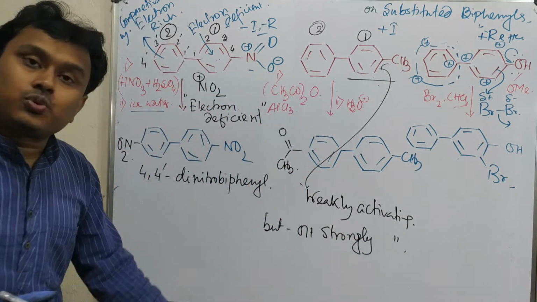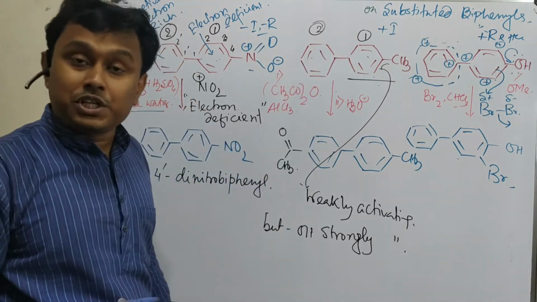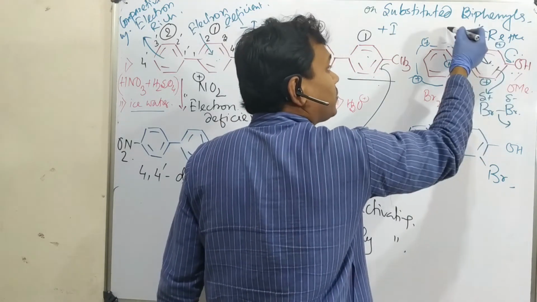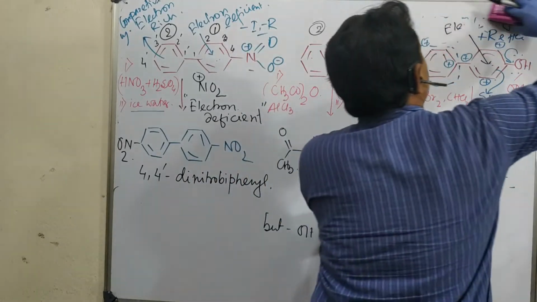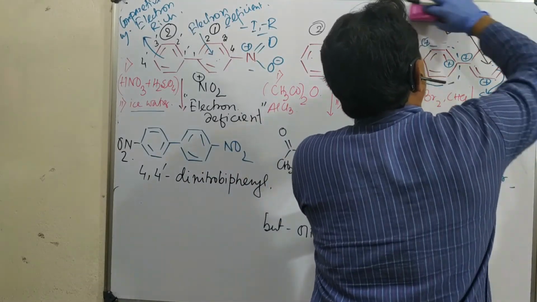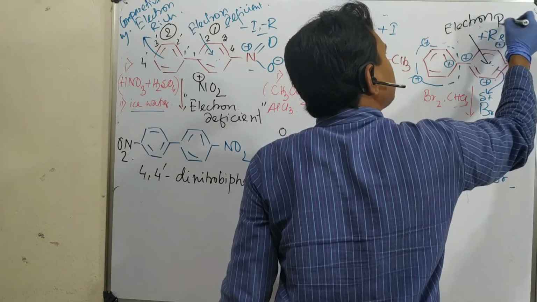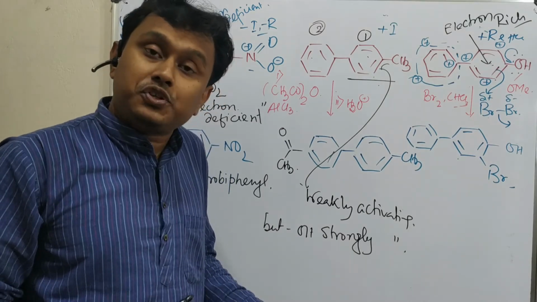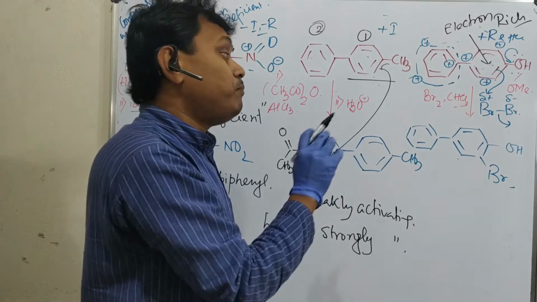Understood? Since it is weakly activating, there is a chance of competition, but this one is strongly activating, so this ring is electron rich. So aromatic electrophilic substitution, in which an electrophile, an electron-deficient species, is added, will happen on this ring. So that is the basic difference.